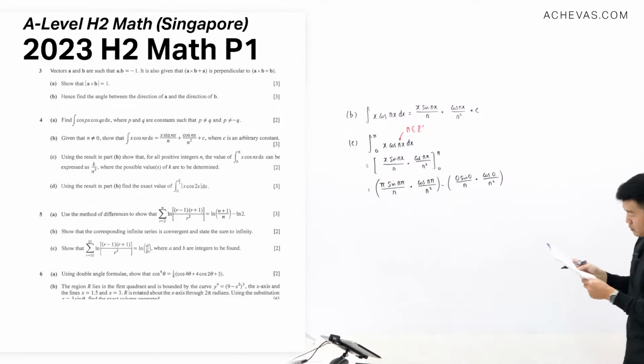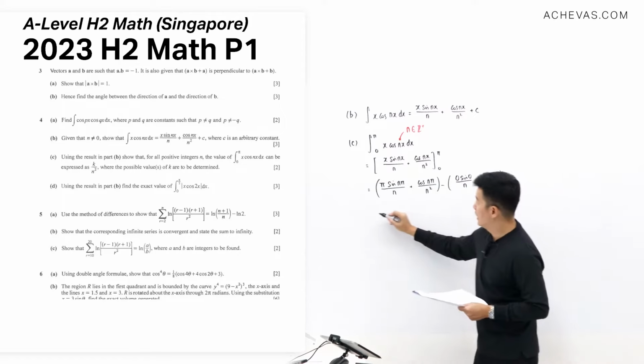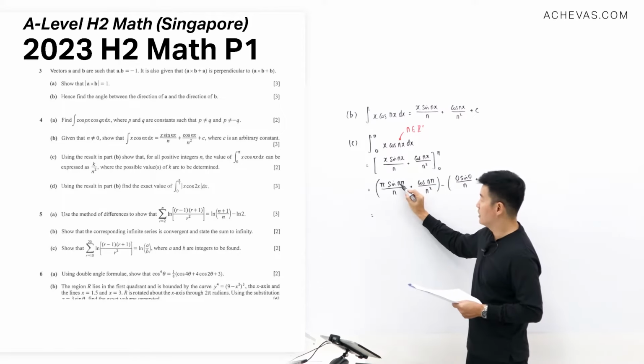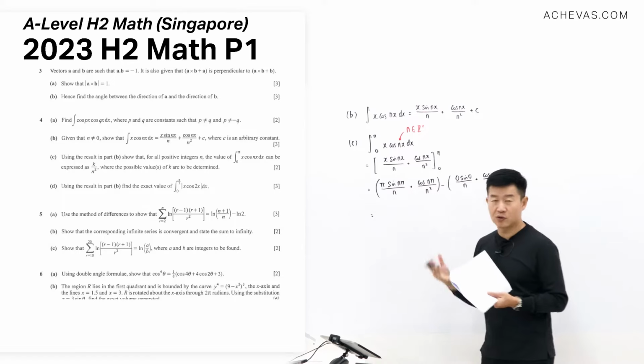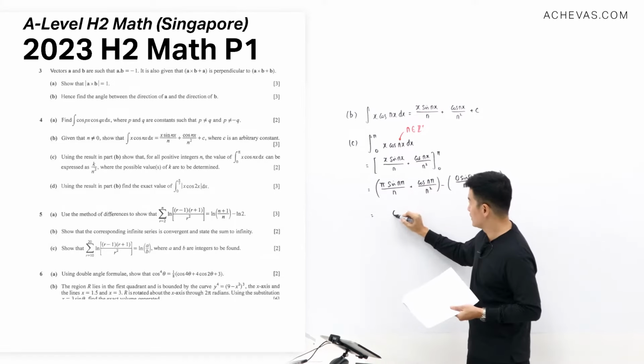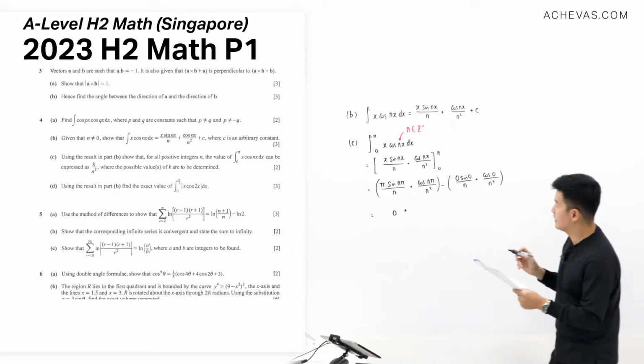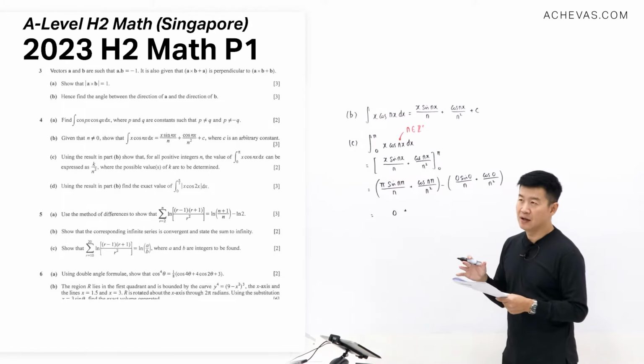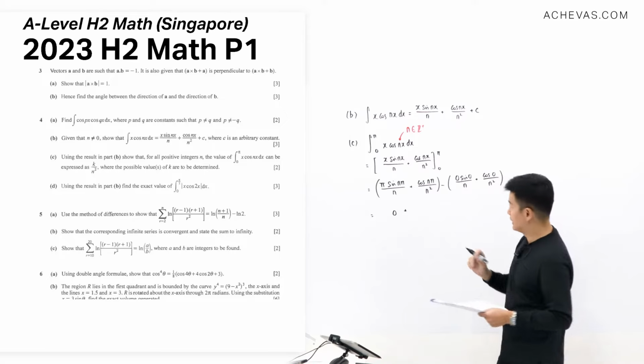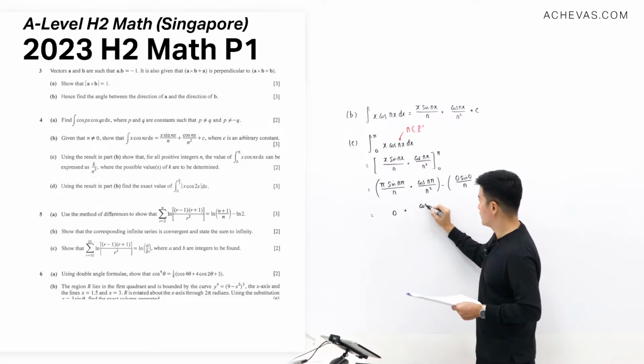Okay, so we will have this. And for this, sine of a positive integer multiple of pi is going to be equal to 0 all the time. So here it's going to be 0 plus cosine n pi. I'm going to just let it be cosine n pi. Later we're going to try to analyze its value together. So this will be cosine n pi over n squared for now.